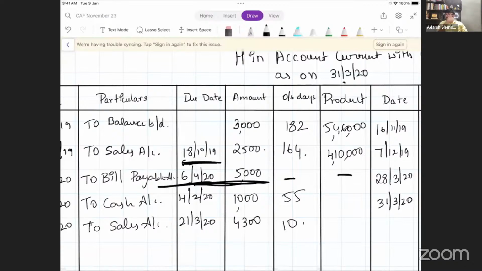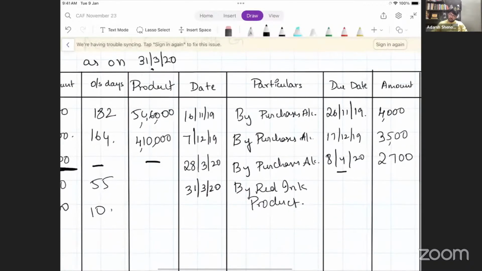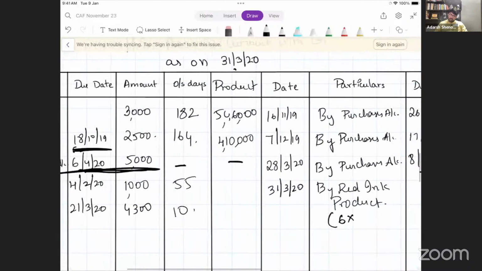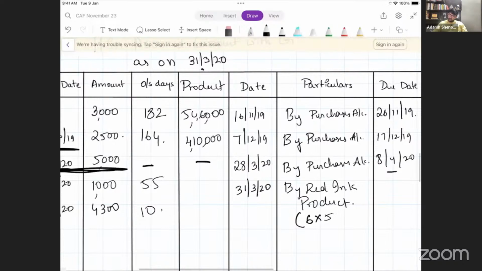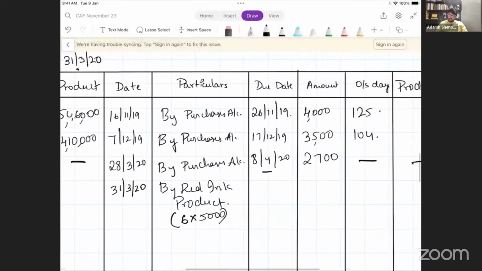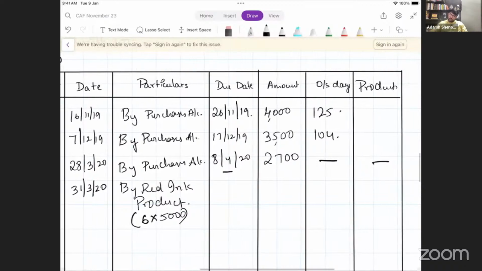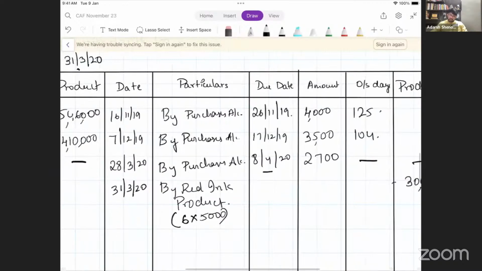So 31/3 to 6/4 you can do. 6 days you get. So 6 into, what is the amount? 5,000. Only the product column needs to be filled. 6 into 5,000. Product column I will fill, which is 30,000.